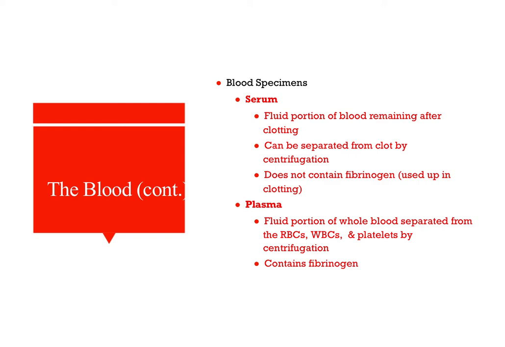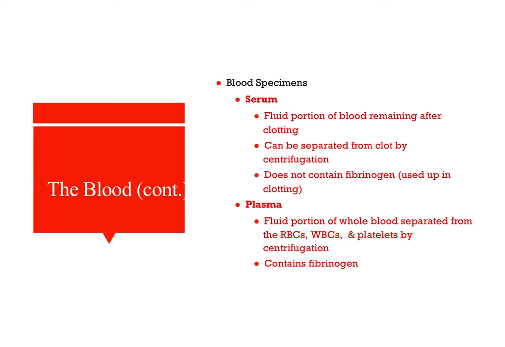Some blood that we need to test, we need it to clot, and then we put it in the machine that spins it really fast, and the red blood cells go to the bottom, the formed elements go to the bottom, and then what is left at the top is the serum, okay? And then when we draw blood that is in a tube where the blood does not clot and we spin it in a centrifuge, the white blood cells, red blood cells, and platelets go to the bottom, and the plasma is what is left on top.